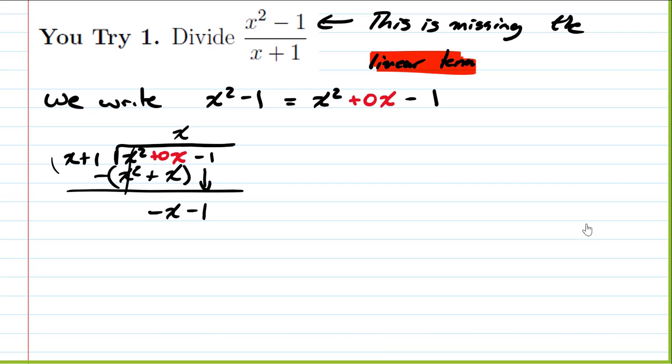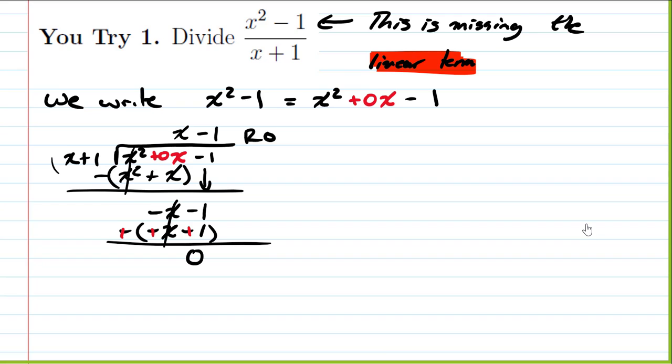So what times x is going to give me negative x? Well, that's negative 1. So negative 1 times x is negative x, and negative 1 times 1 is negative 1. And then I subtract, and I get all those minuses, so minus minus becomes a plus. These terms reduce out, and negative 1 plus 1 is also 0, so I get a remainder of 0.